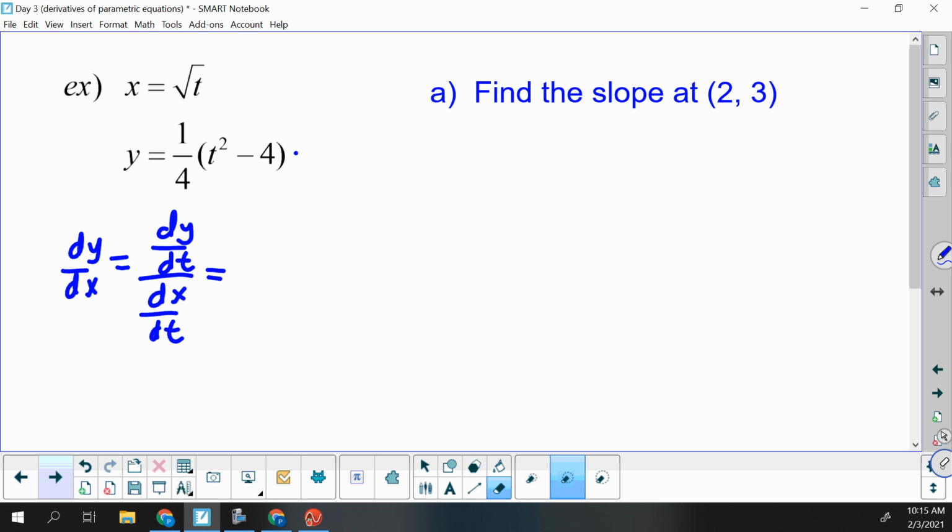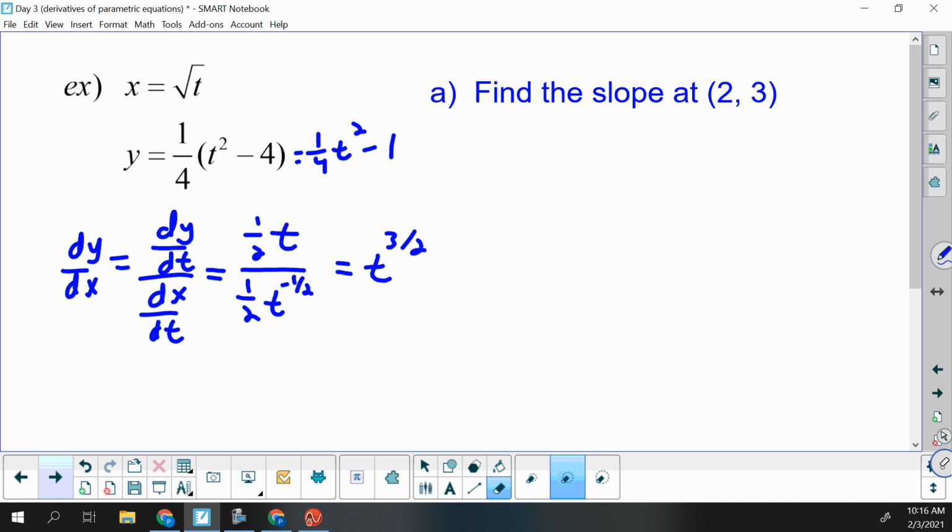If we imagine we distribute that 1/4, this is really 1/4 t squared minus 1. So we're going to have 1/2 t for the dy over dt. For the dx over dt, we're going to have 1/2 t to the negative 1/2. Well, the halves divide out, and when you subtract your exponents, we just get t to the 3/2.